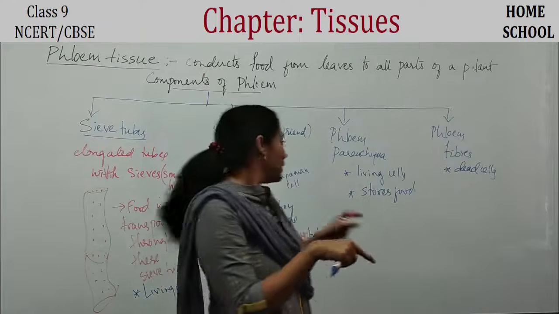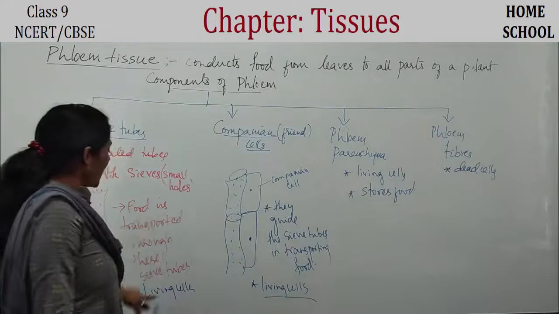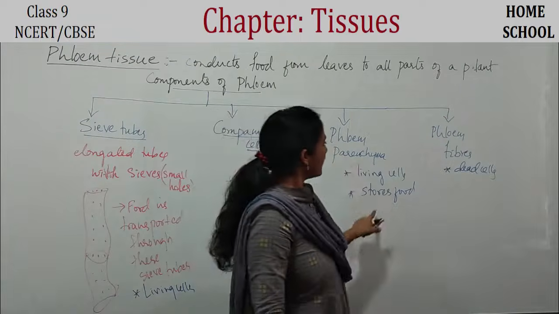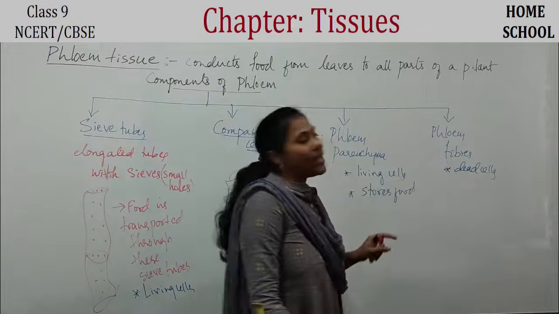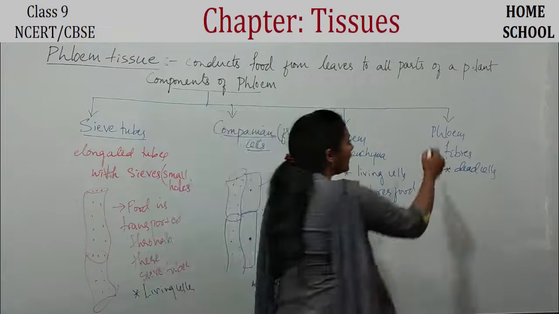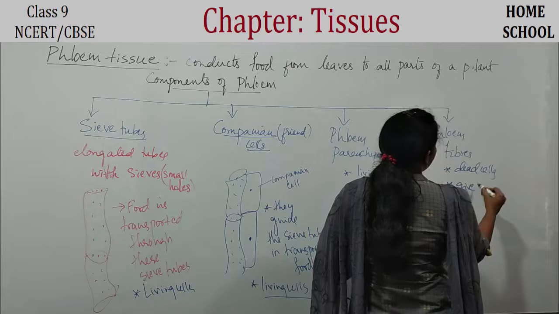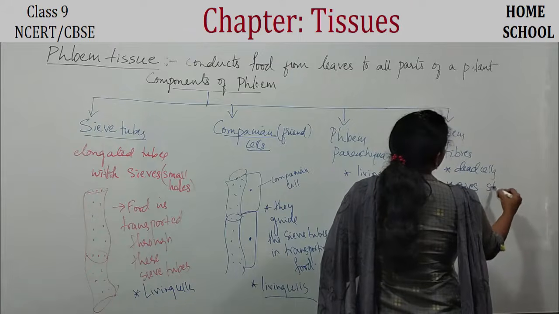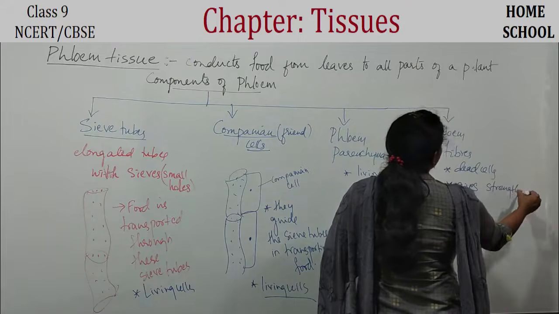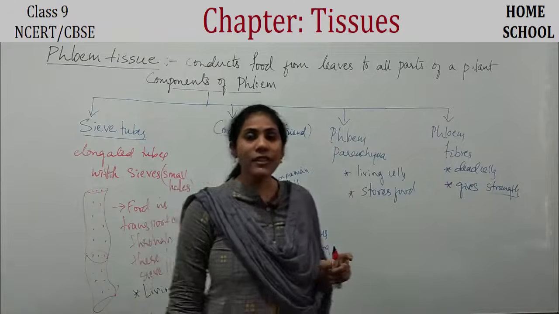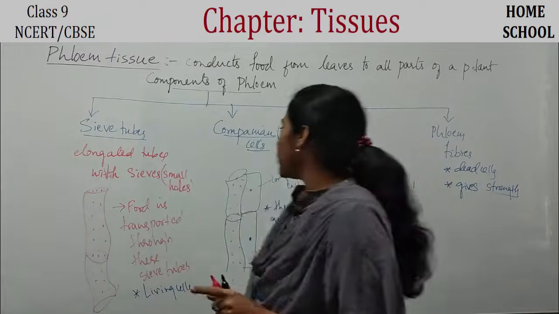But here, sieve tubes are living, companion cells are living, parenchyma is living, but phloem fibers are dead. So what is the work done by phloem fibers? It just gives strength, okay, mechanical support to the tissue. That's it. So this is all about the phloem tissue.